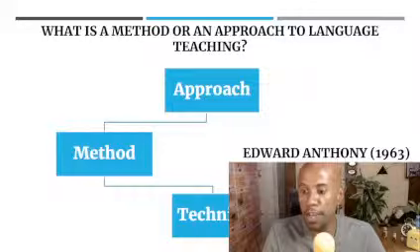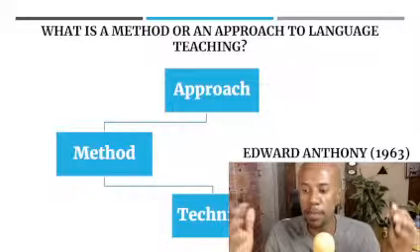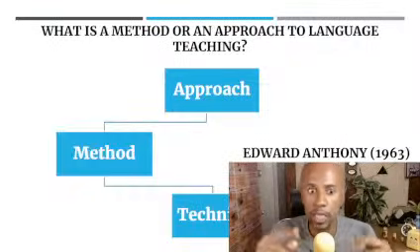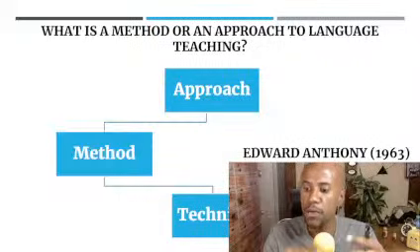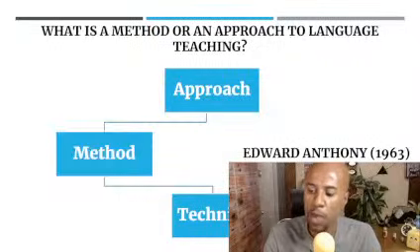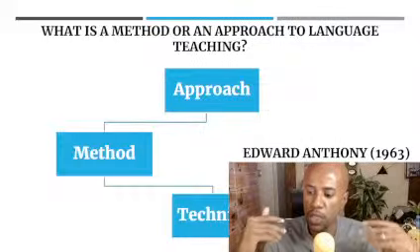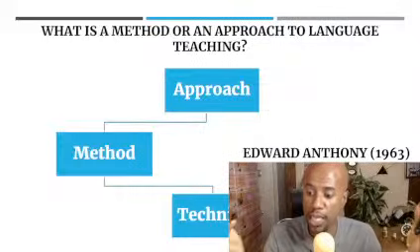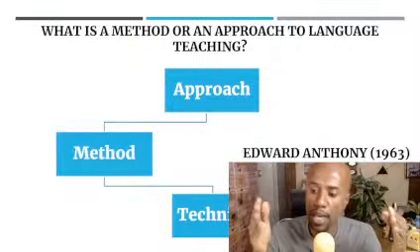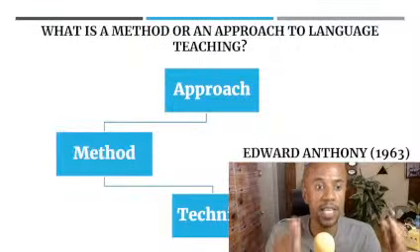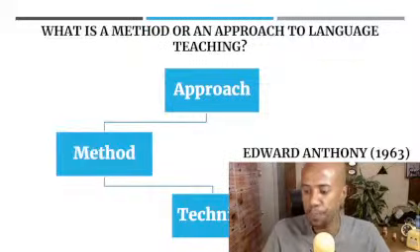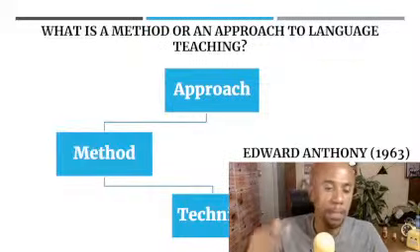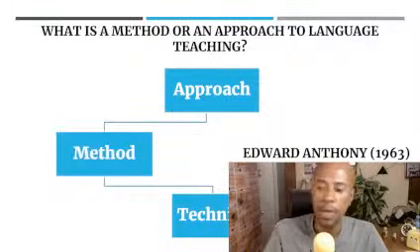Some techniques are widely used and found in many methods, for example dictation, listen and repeat drills, or read the passage and fill in the blanks. Other techniques, however, are specific or characteristic of one particular method. So you go one step back, and the method is part of an approach.